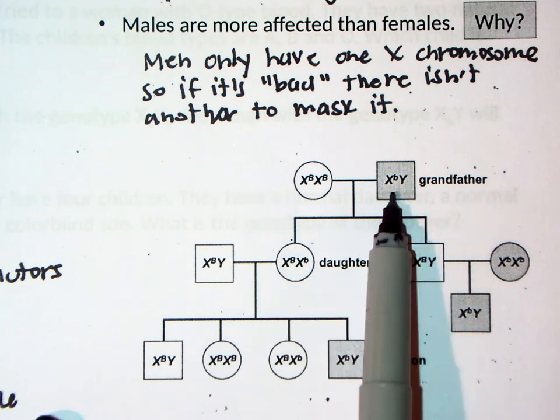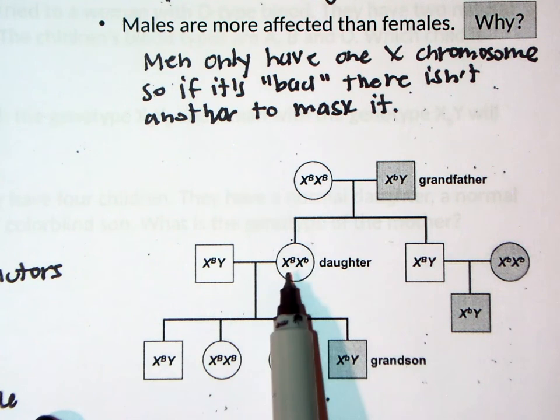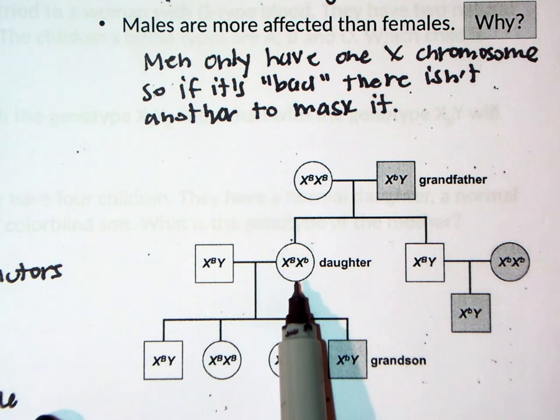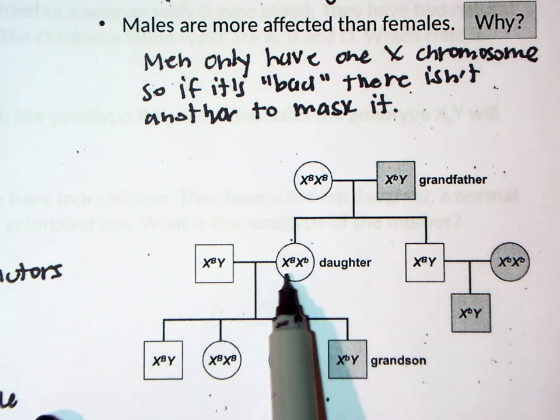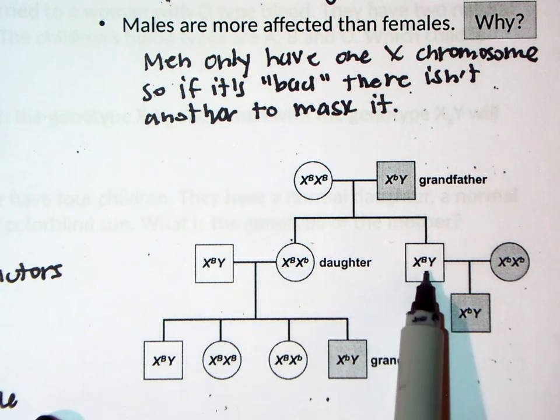The daughter got X big B, X little b, so she's a carrier, and the son is X big B, Y. So he happened to get the unaffected X from mom.